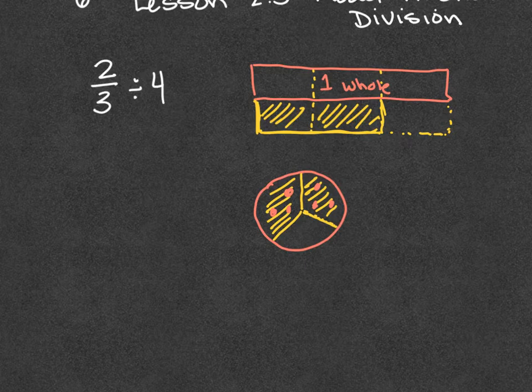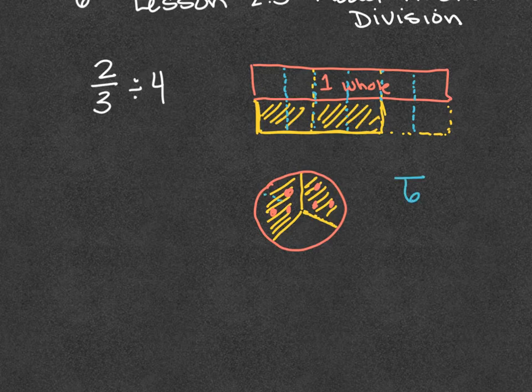So if we split those into 4 equal pieces, I really do have to compare that to what the whole amount was because I need to know what my new denominator is. 1, 2, 3, 4, 5, 6 of the whole, even though some of it's missing. Same over here.